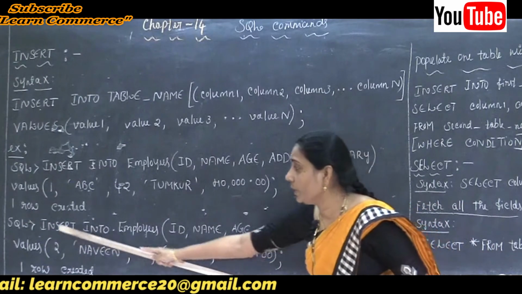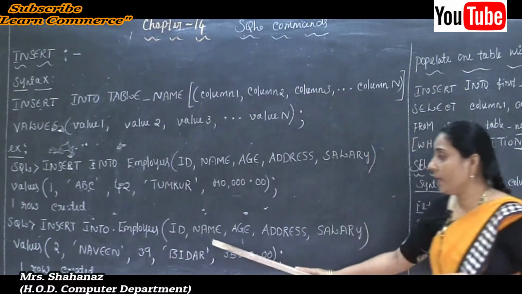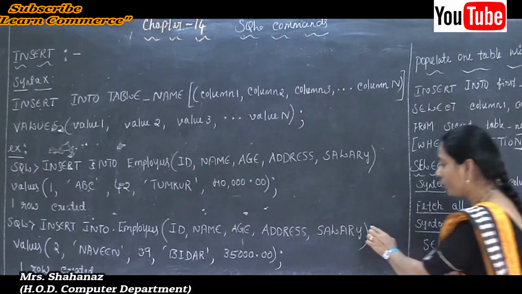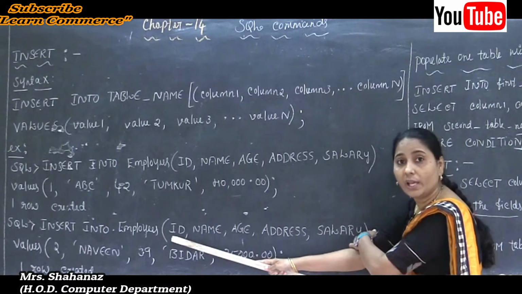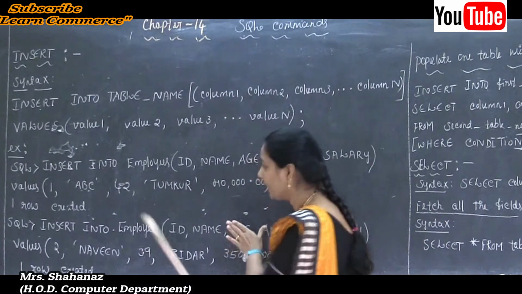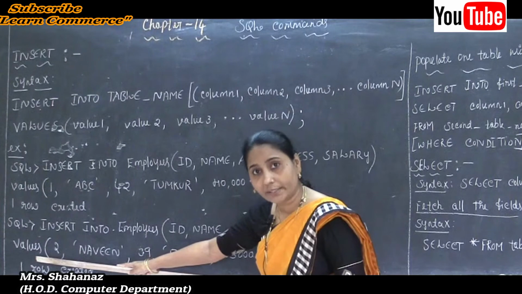So like that, insert into employees, ID comma name comma age comma address comma salary, then closing of the parentheses. Why? Because we opened the parentheses before the ID. Okay, and whatever columns we created, we need to use the values for those columns here.